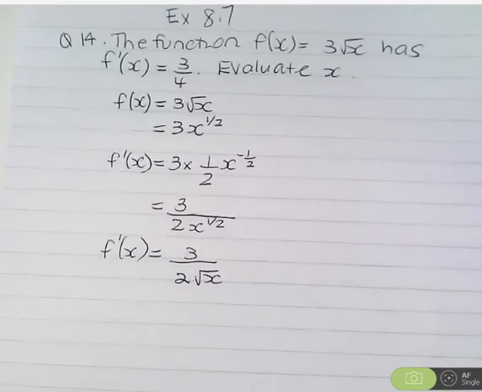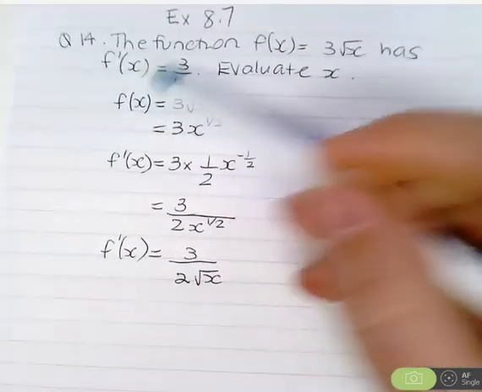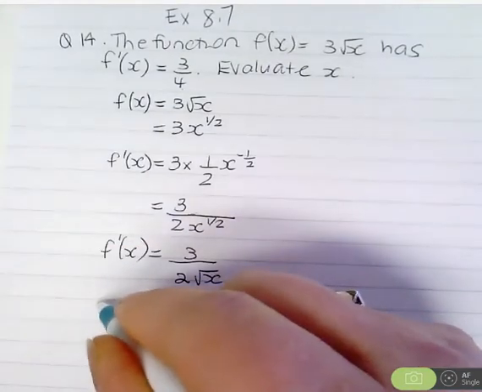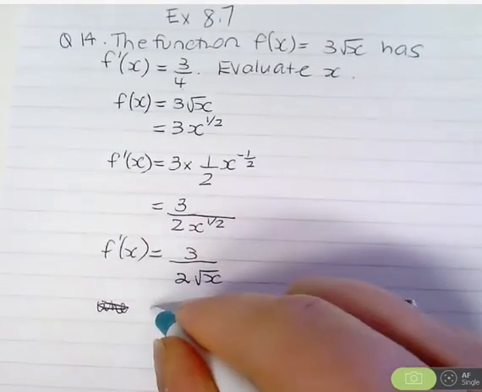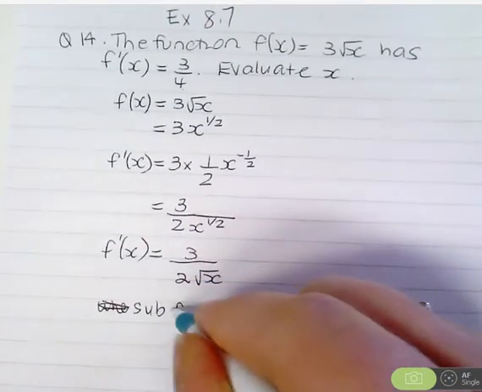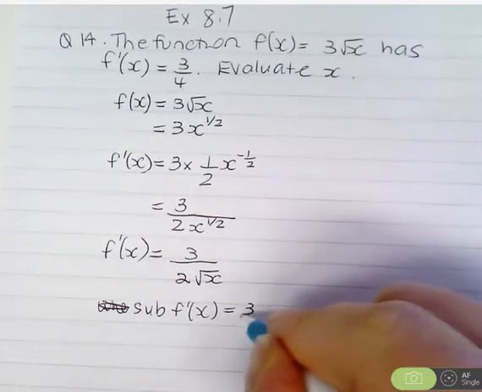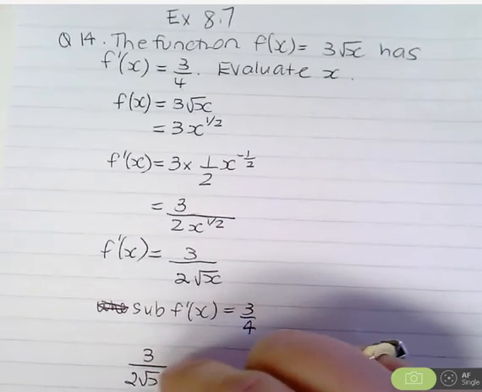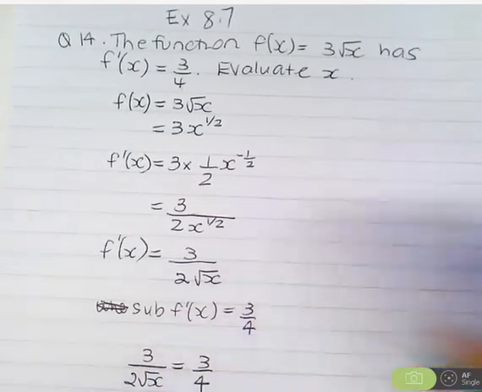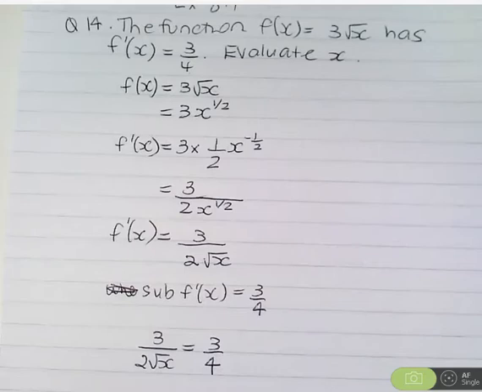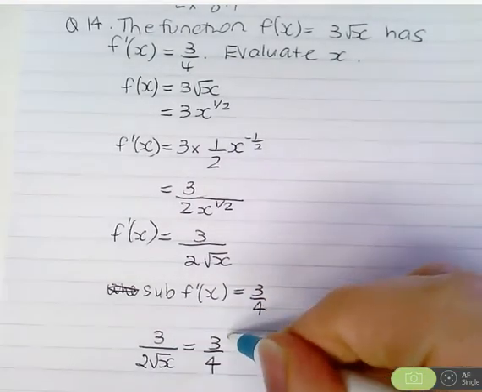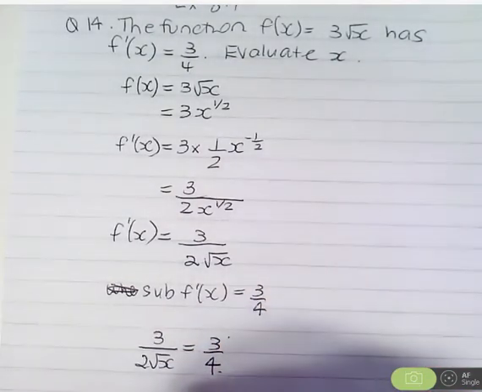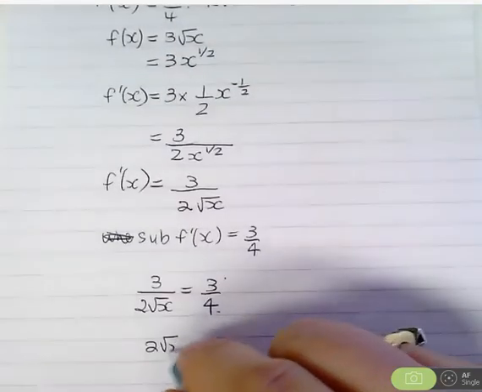Now, you have to find the value of x when f dashed x equals 3/4. So we're going to substitute f dashed x equals 3/4, and we get that 3/2 root x equals 3/4. Now, you can see how your numerators are identical. That means that the denominators have to be the same.